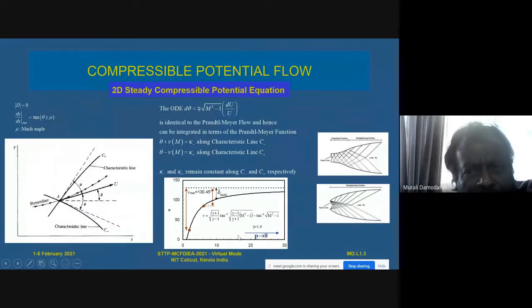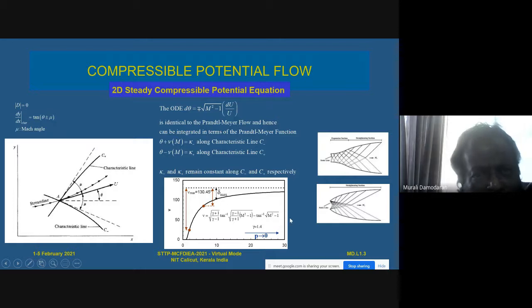And that was what people used in the 50s and 60s. And they used that to write codes to develop the design of nozzles, converging-diverging nozzles of this sort.